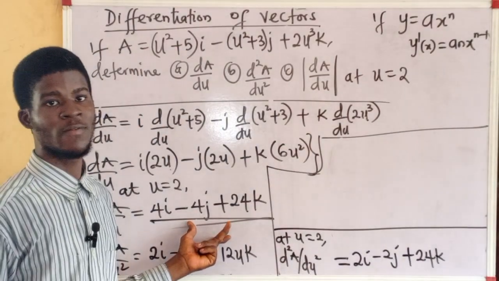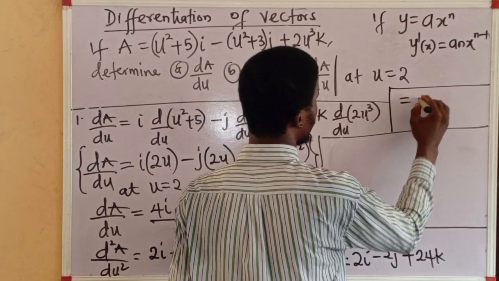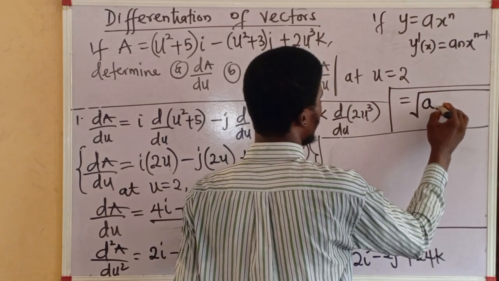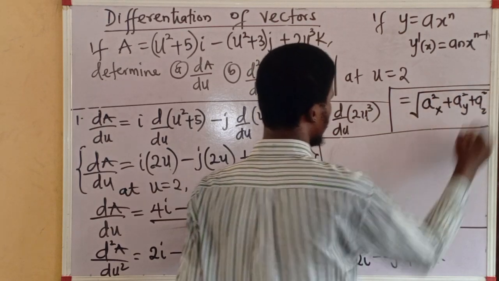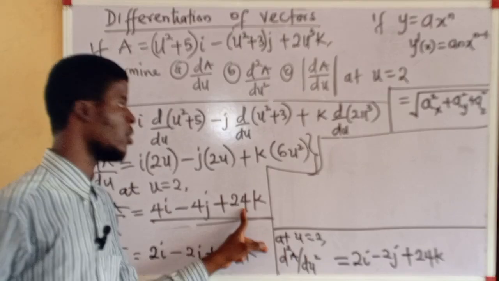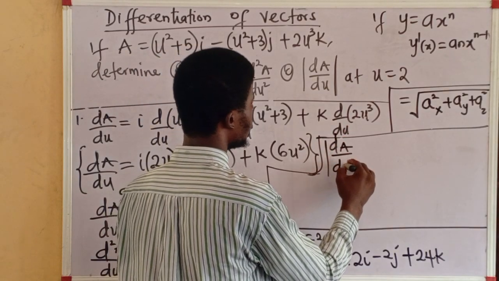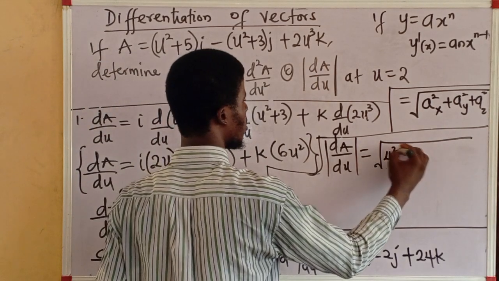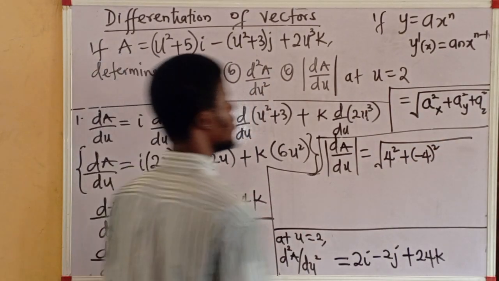Remember the formula for the magnitude of a vector says the magnitude of a vector is equal to the positive square root of Ax squared plus Ay squared plus Az squared. So this is Ax, this is Ay, this is Az. So we have the magnitude of dA/du equal to the square root of 4 squared plus minus 4 squared plus 24 squared.